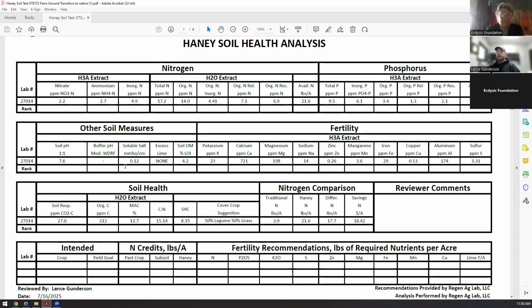7.6 is not incredibly high. Now, knowing the management of this farm, this field particularly, that pH very likely is going to creep down over time, especially in the top 6 inches. And it's because of the grazing and the manure being cycled back to the surface, et cetera, et cetera.